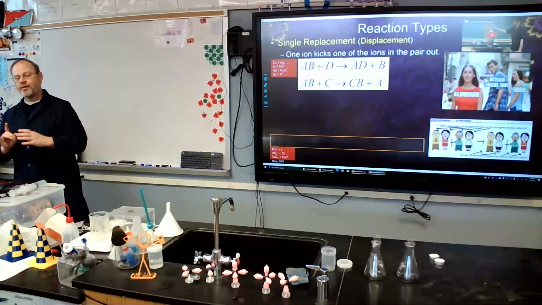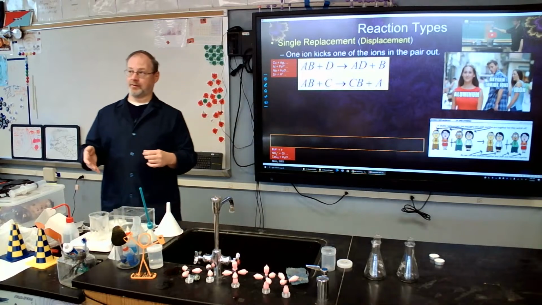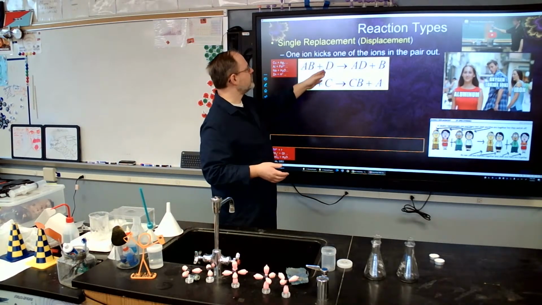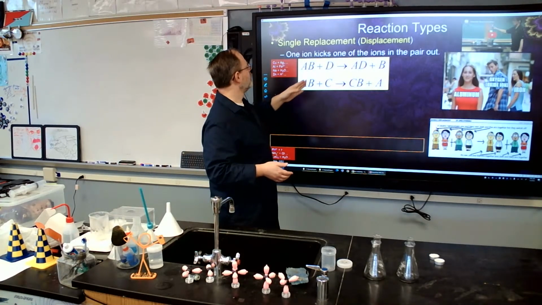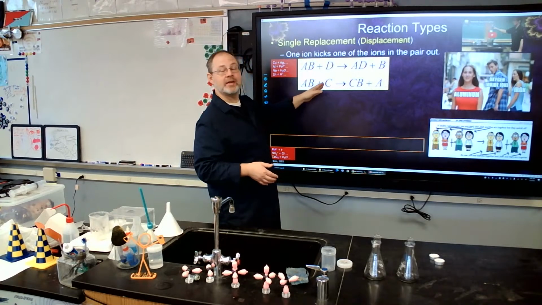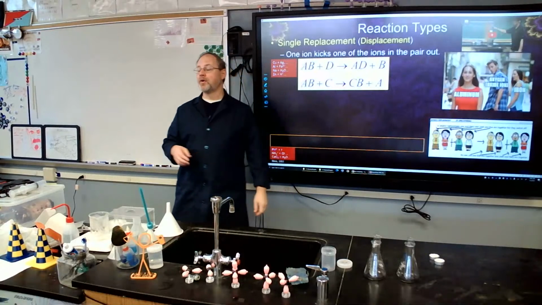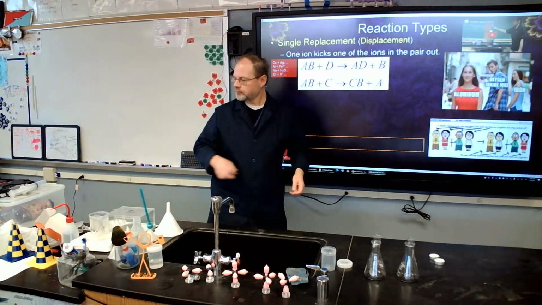And one thing replaces another thing. So you're going to have AB, and then D is going to come along, and D is in this case going to kick out B, or you'll have AB, and C is going to be by itself, and C is going to kick out A. So that is a single replacement reaction.